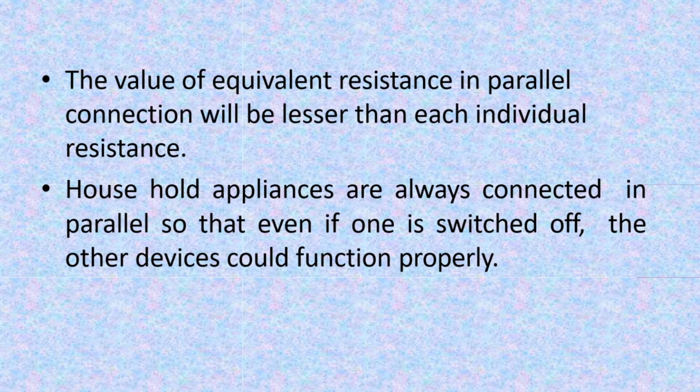The value of equivalent resistance in a parallel connection will be less than each individual resistance. Household appliances are always connected in parallel so that even if one is switched off, the other devices can function properly.